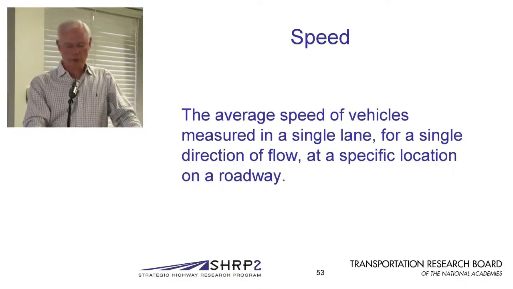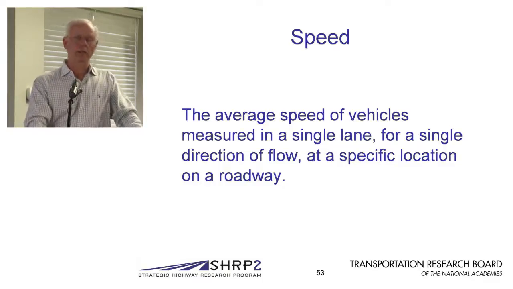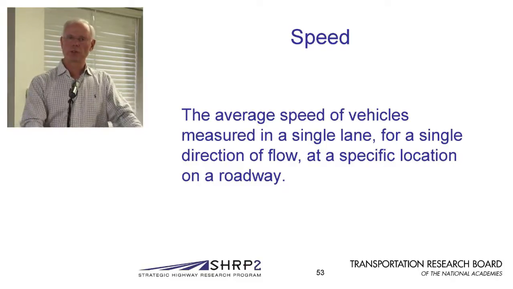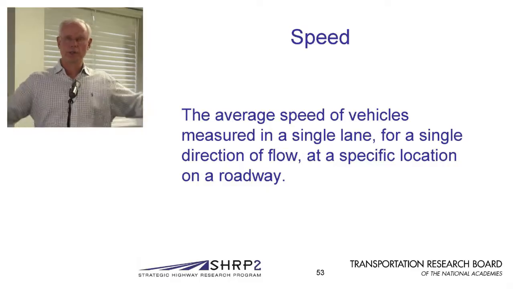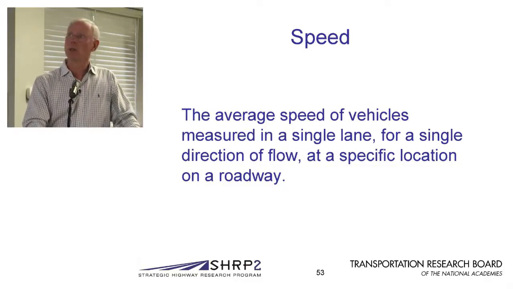There's something else called the time mean speed, which has now become more measurable as a result of things like the Bluetooth technology, toll tag data, crowdsourcing, which is look at some stretch of road, look at the speed of all the vehicles traveling on that stretch of road at a given point in time, and looking at that average. So it gives you a different way of looking at what speed is. Both are useful. Both are now measurable.